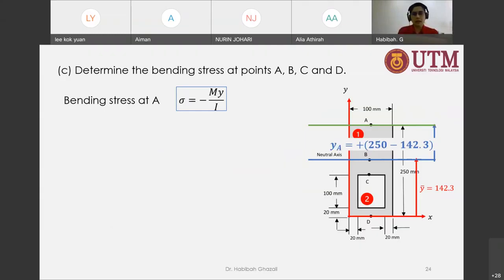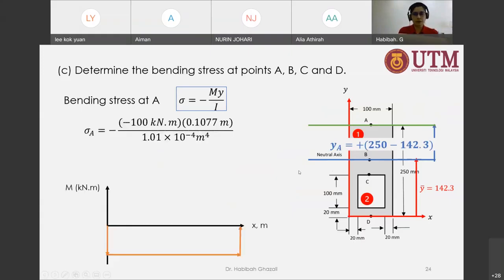That equals 107.7. I converted it to meters already here. So that's my Y.